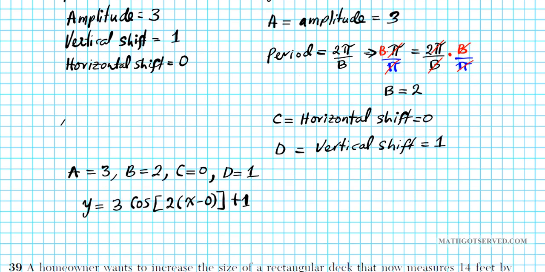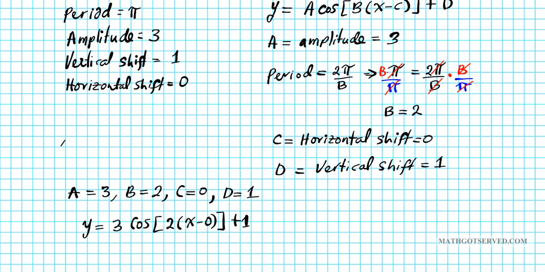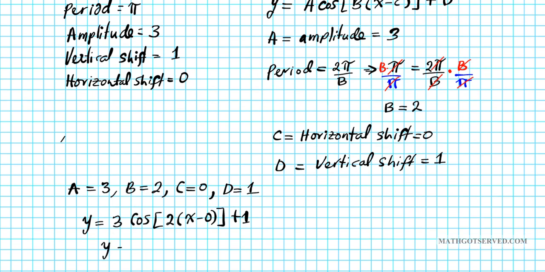Okay, let's simplify further. We're going to have y equals 3 cosine 2x, because 2 times 0 is 0, plus 1. And that's exactly what we want. Okay, so y equals 3 cosine 2x plus 1.